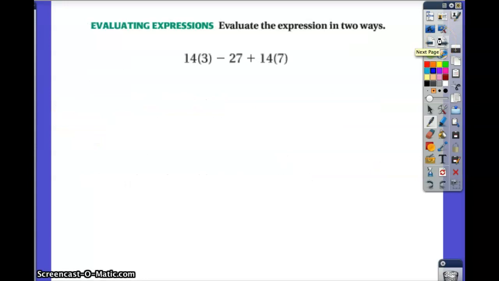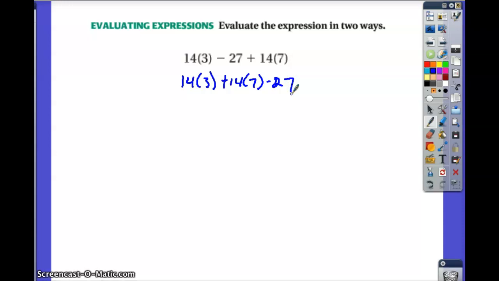Evaluating expressions. Evaluate the expression in two ways. One way is we're going to reorder, make this 14 times 3 plus 14 times 7 minus 27. And we can just multiply it out like this.